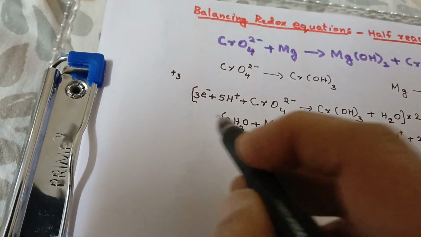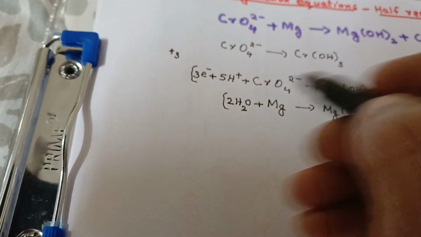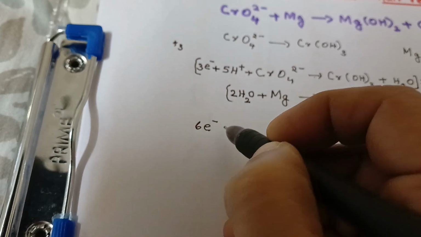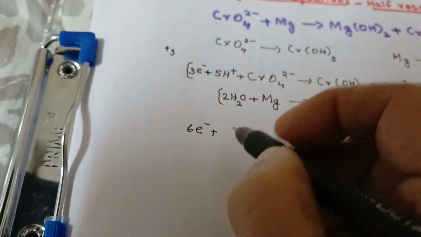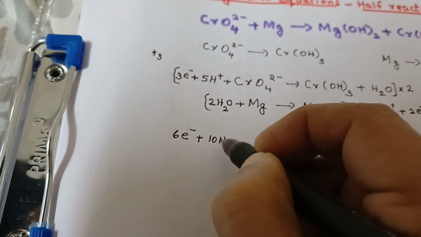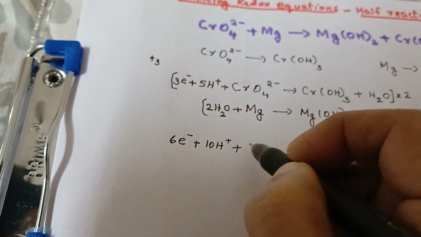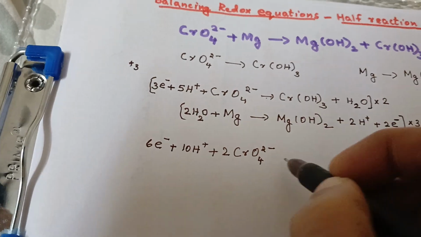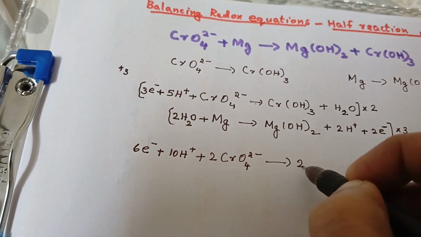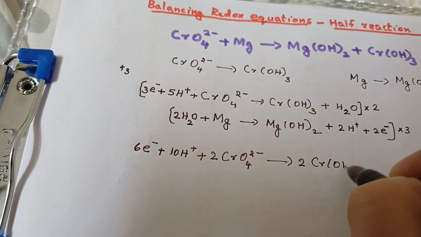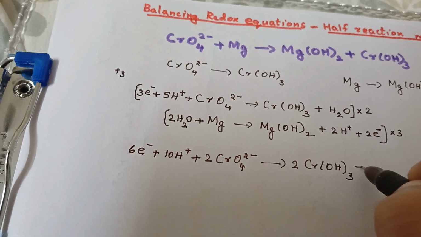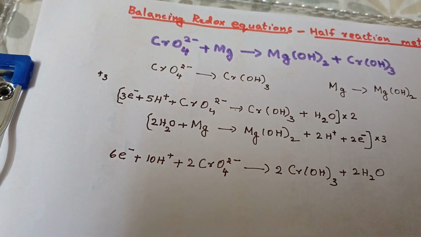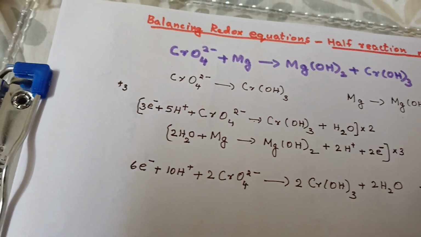So let us multiply and write both the equations. 2 into 3, 6 electrons plus 2 into 5, 10 H plus, 2 CrO4 2 minus, giving 2 CrOH thrice plus 2 H2O. So this equation is done. This is our first equation.